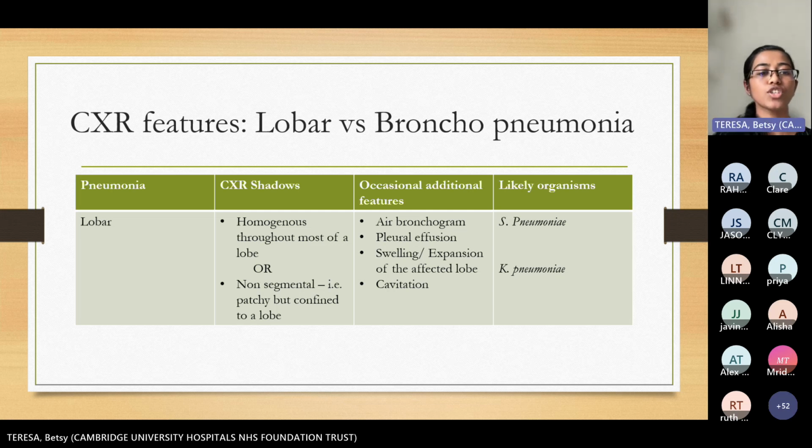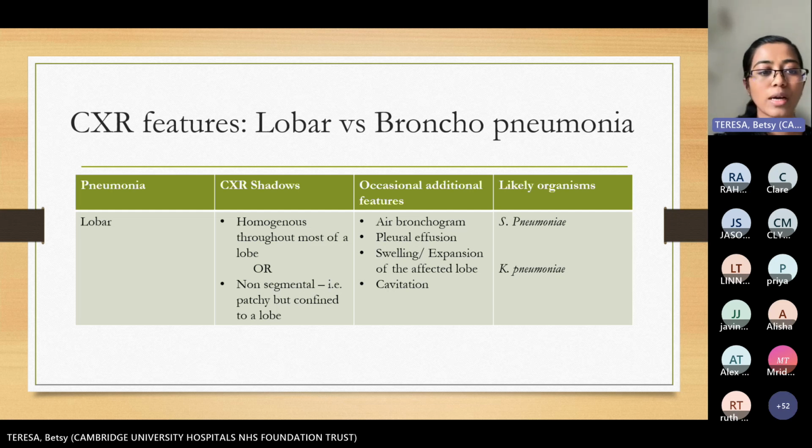Moving on to a few chest X-ray features of lobar versus bronchopneumonia. The chest X-ray appearances of lobar pneumonia are quite obvious, actually. Let's discuss what those shadows look like. It's usually homogeneous, involving most of a lobe, or it could be non-segmental, where it is patchy but confined to a particular lobe.